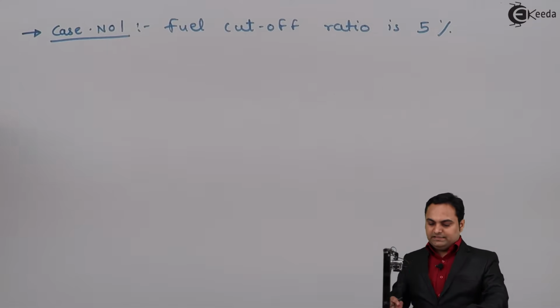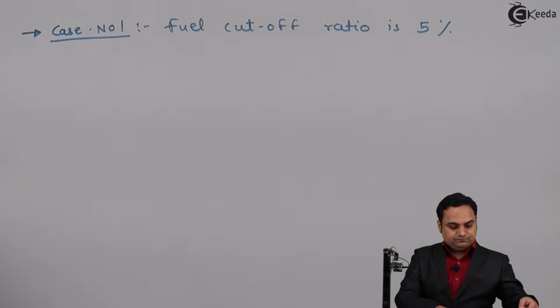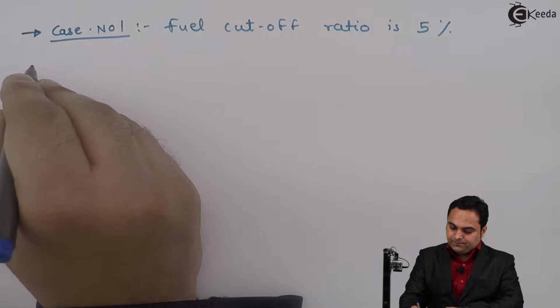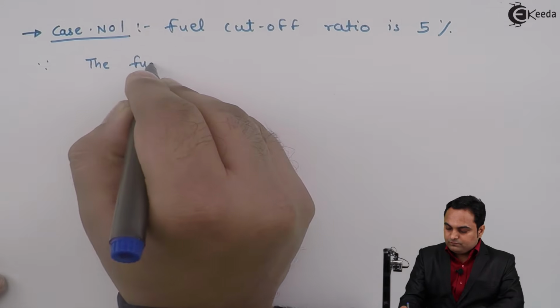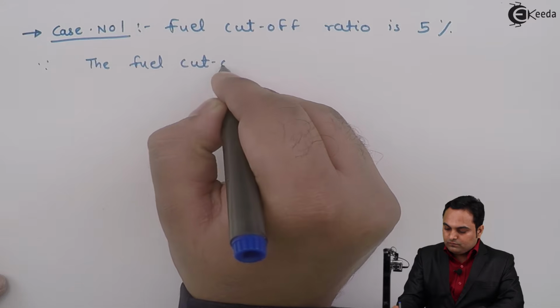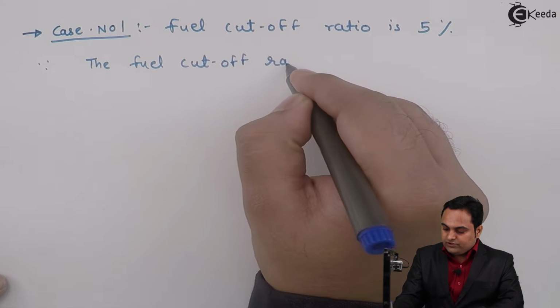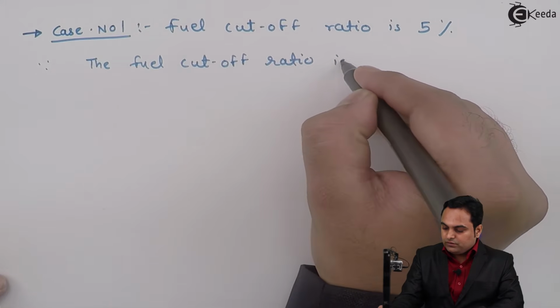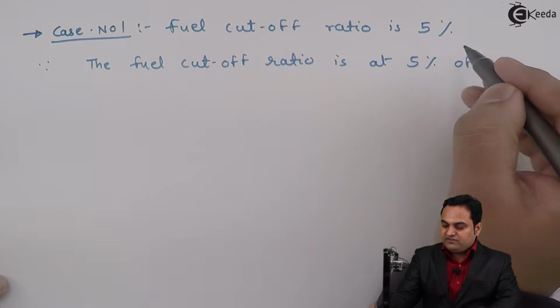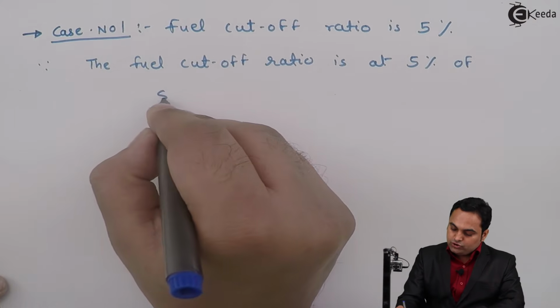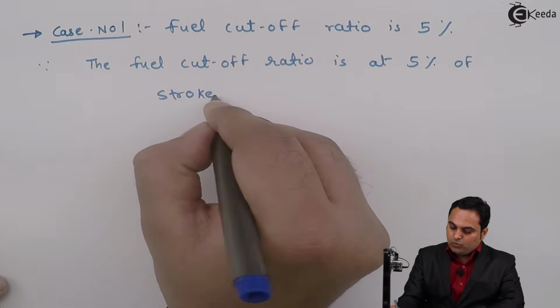So now I'll say that since the fuel cutoff ratio is at 5%, this 5% is of stroke volume.